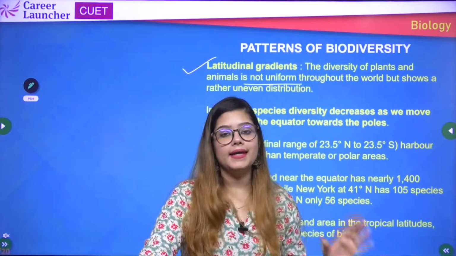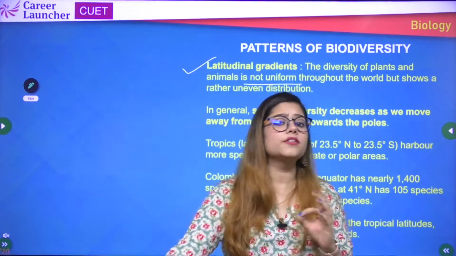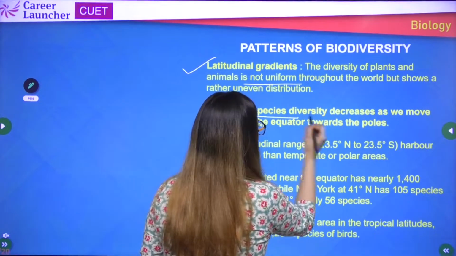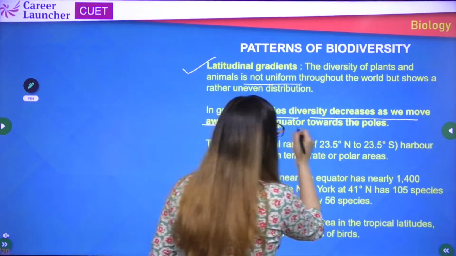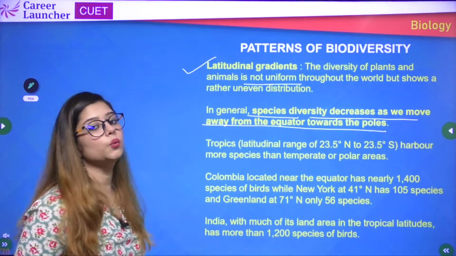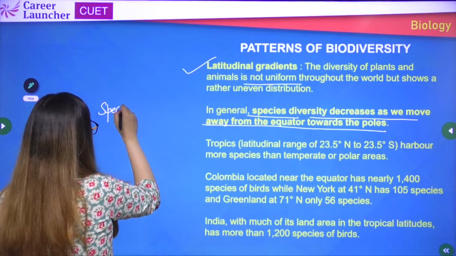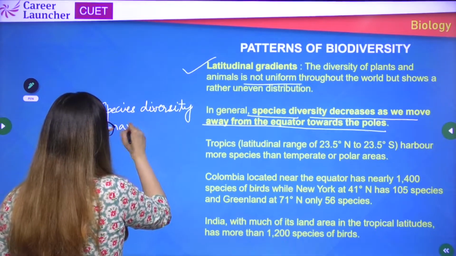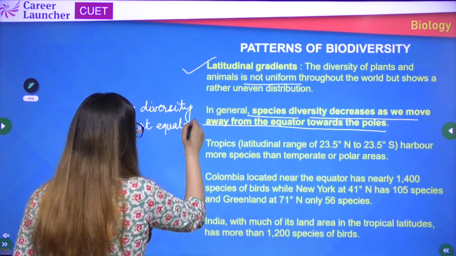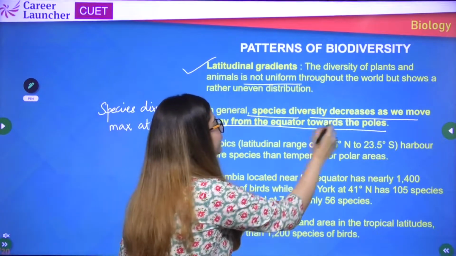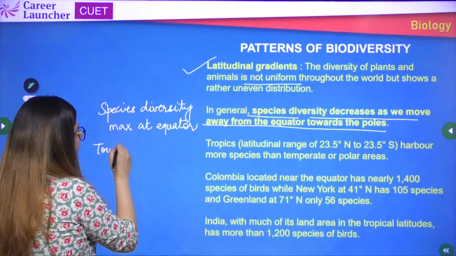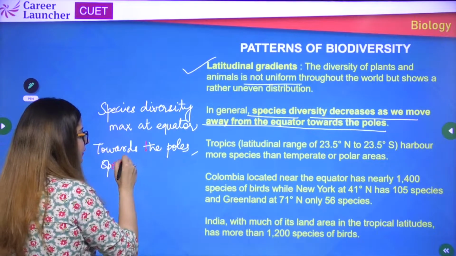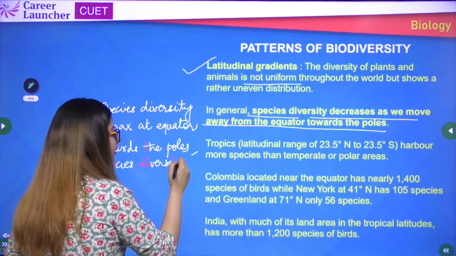It is not uniform at all, it shows a pattern, a kind of unequal distribution. What is this unequal distribution? In general, species diversity decreases as we move away from the equator towards the poles, which means that species diversity is going to be maximum at the equator, and as we move away from the equator towards the poles, our species diversity is going to decrease.